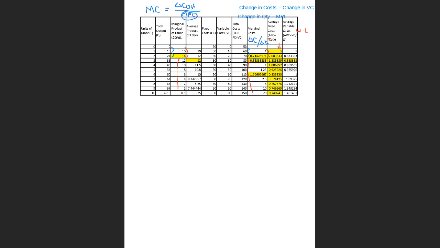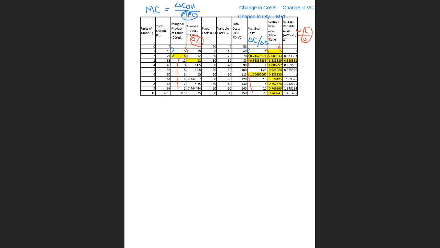So wages times the number of workers you have divided by quantity, right? So that's that formula again, just written differently. And if you think about average product of labor, it was the amount of output you have, which is quantity, divided by the number of workers, which is L. So again, on one hand, you've got L over Q, and on the other hand, you've got Q over L. So those two are also going to be inversely related.